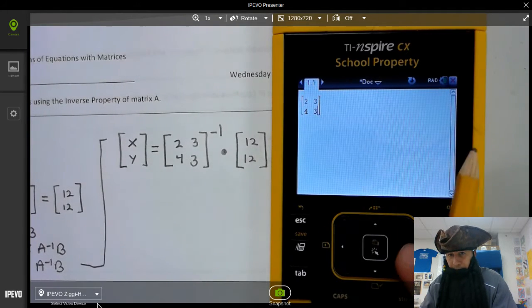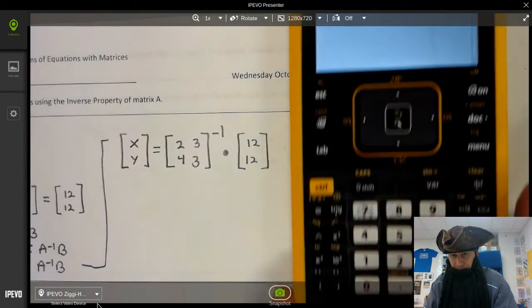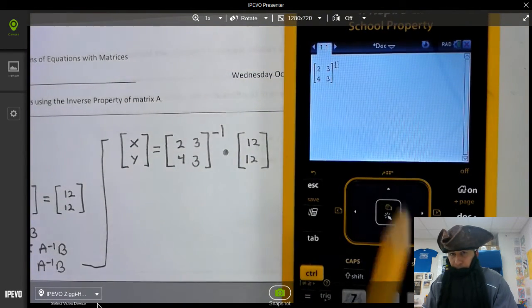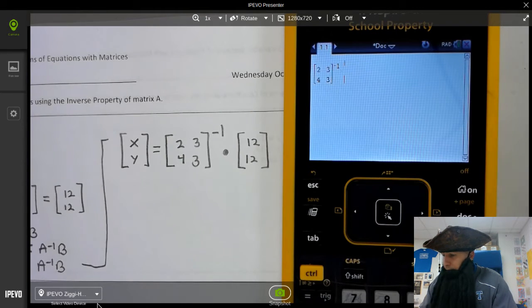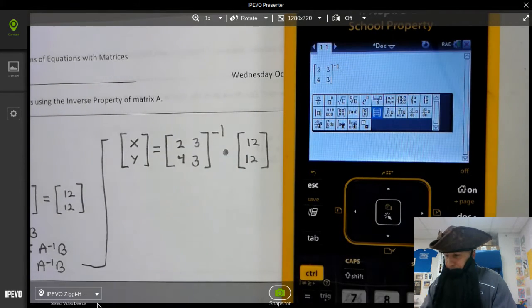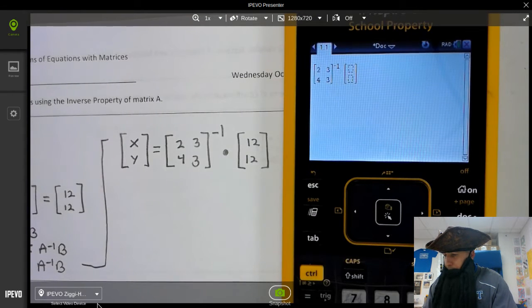So notice I clicked out of the box, and then we're going to press this key right here to the -1. Click to the right, times, and then we're going to press the button next to the right of 9 again. And then this has 2 rows, tab, 1 column, and then that's 12, 12.